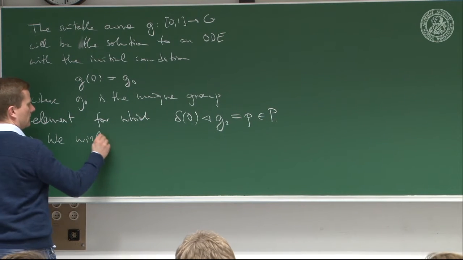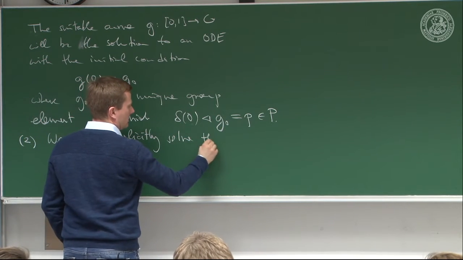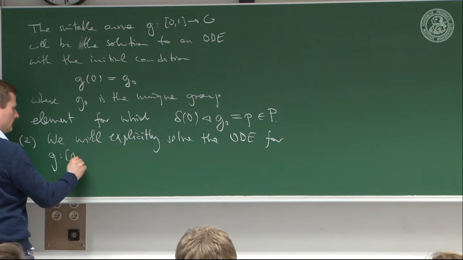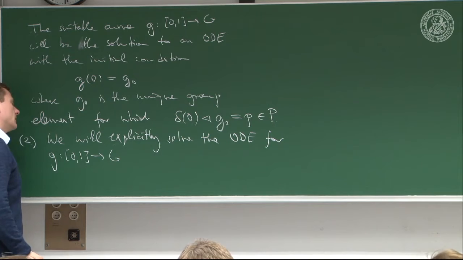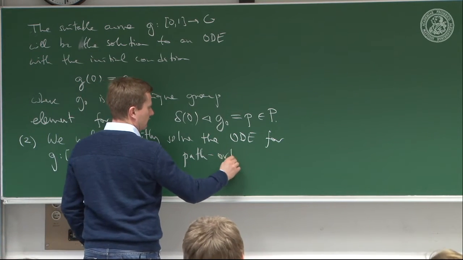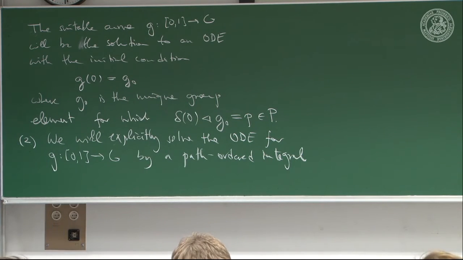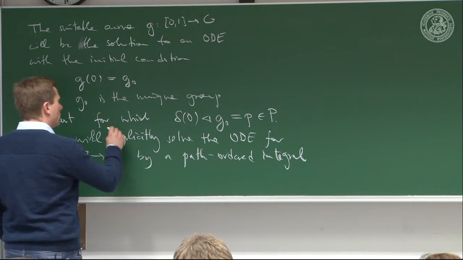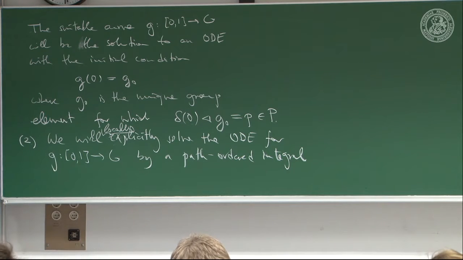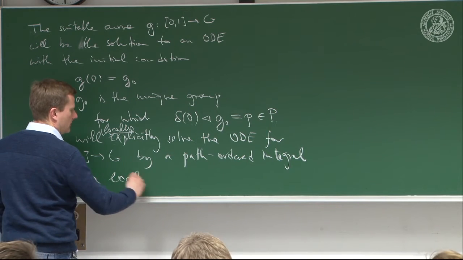So we will explicitly solve the ODE for the curve G by a path-ordered integral, well, we will locally explicitly solve the ODE by a path-ordered integral over the local Yang-Mills field.